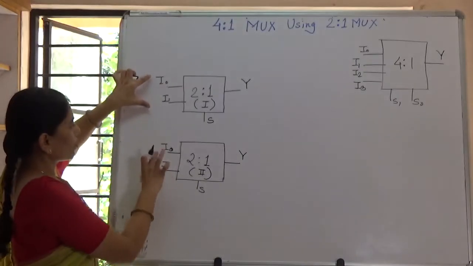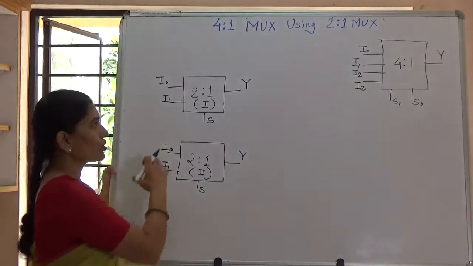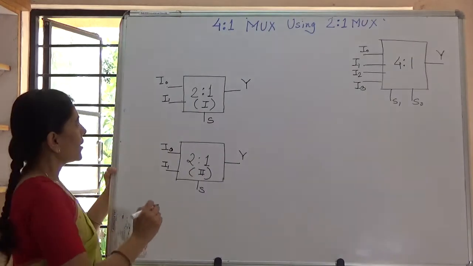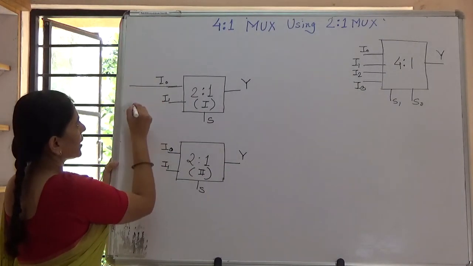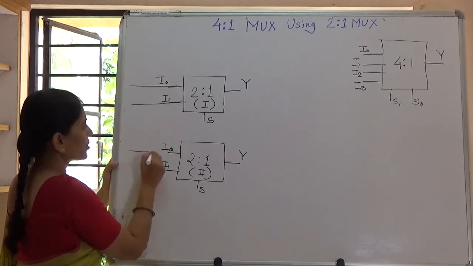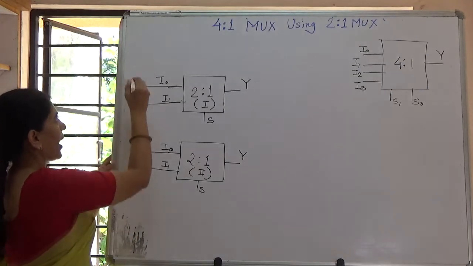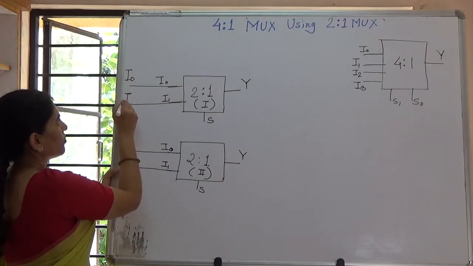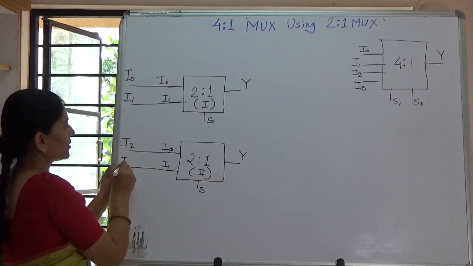Now these 2 inputs of each of them would be used to obtain 4 inputs for a 4:1 multiplexer. So let us bring them out as 4 inputs. Let's call these the I0 input, I1 input, I2 and I3.